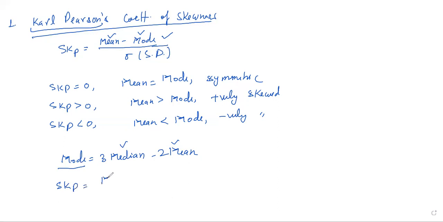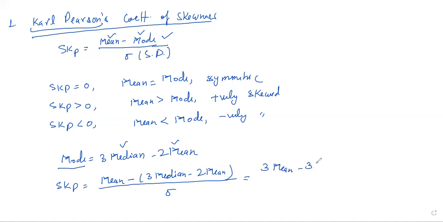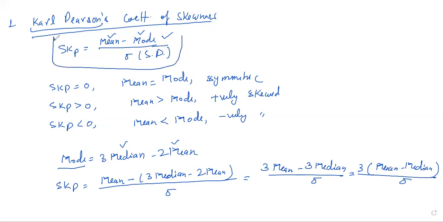SKP is equal to mean minus (3 median minus 2 mean) divided by standard deviation sigma. Simplifying this, we have 3 mean minus 3 median upon sigma, and from here we have 3 (mean minus median) upon sigma.